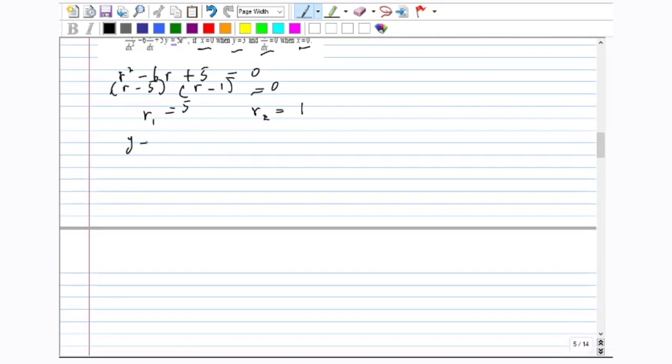So it is y equal to a e to the exponent r1x plus b e to the exponent r2x. But we do have the values of r1 and r2. Let's substitute them. So y equal to a e to the exponent 5x plus b e to the exponent 1x, so b e to the x. So we call this our complementary function.